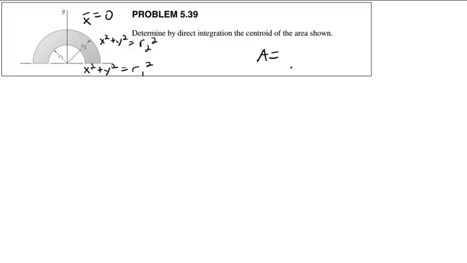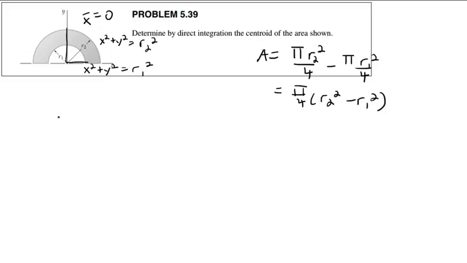We don't even need to do an integral for that. Again, I'm going to worry about only the part in the first quadrant. The part in the second quadrant doesn't exist anymore. So A is pi r2 squared over 4 minus pi r1 squared over 4, and this is then pi over 4 times r2 squared minus r1 squared, like so.